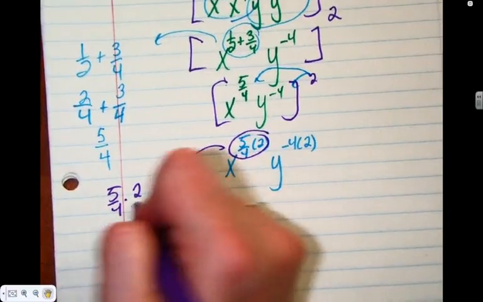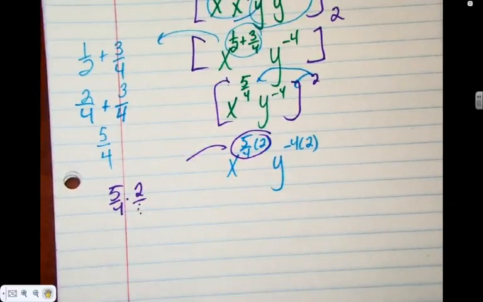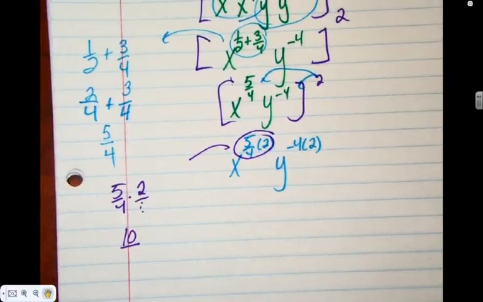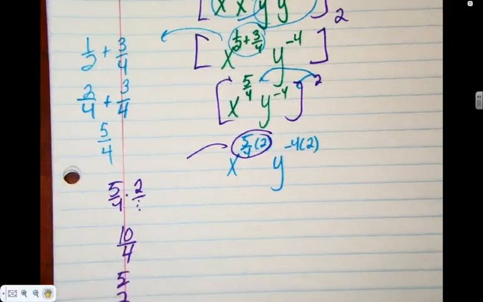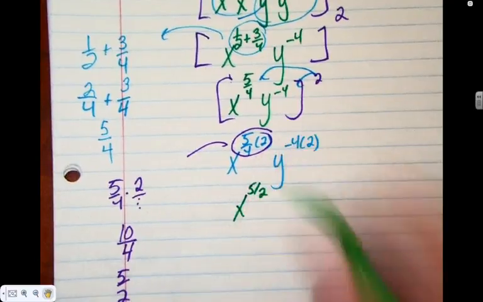Bottom times bottom. What's under the 2 that we don't see but we know is there? That's the right one. Top times top. Bottom times bottom. Can we reduce? 5/2. Okay, so all the way back here, I got an x with a 5/2.